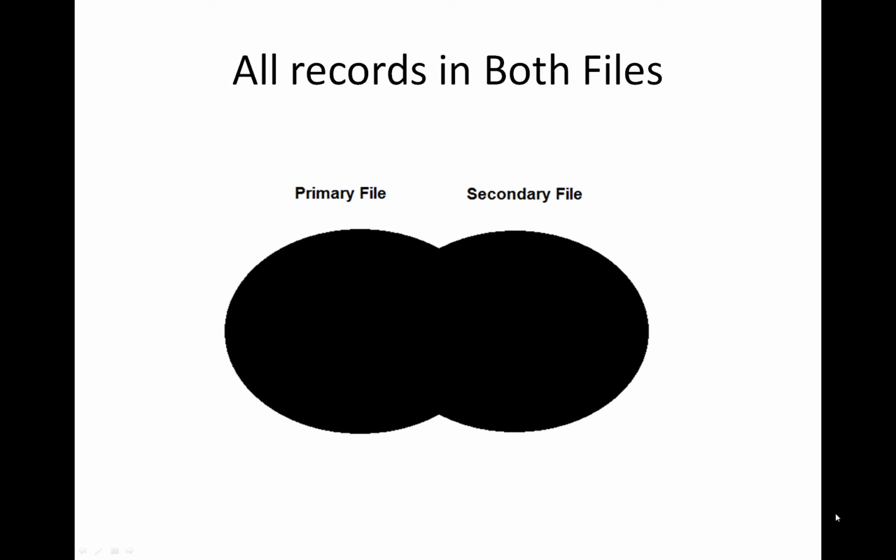And the final option is all records in both files. This contains all transactions in the primary file and the secondary file, even if there are no matching transactions between them. And when we see examples in a few minutes, you'll understand how these matches work.